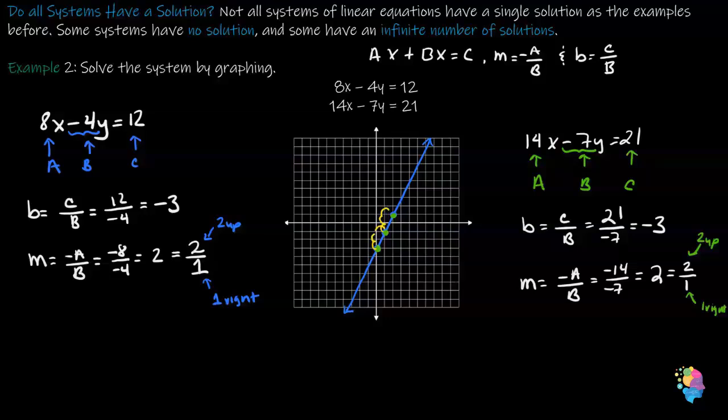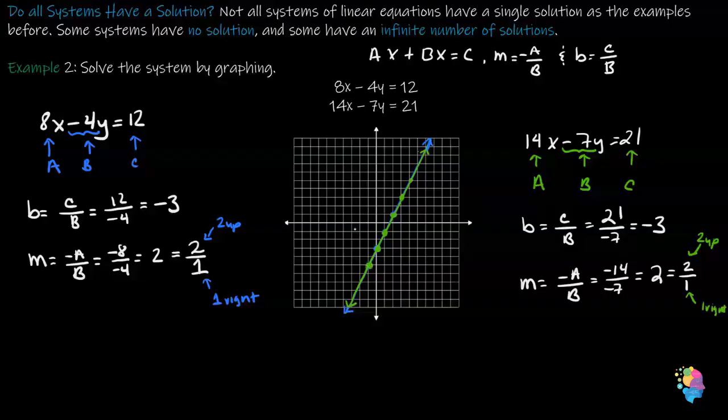So if we graph this second equation, the second graph lands right on top of the first one. That means that these two equations represent the same line. They intersect at every single point. So if I select this point, that point is in both the blue and the green. If I select this point, it is also on the blue and the green.